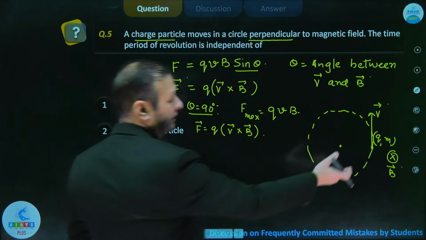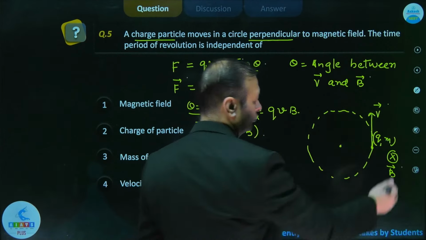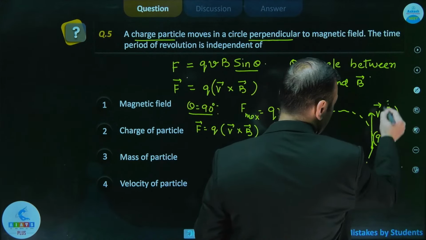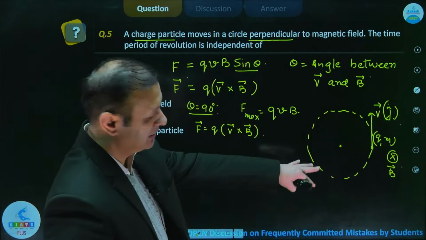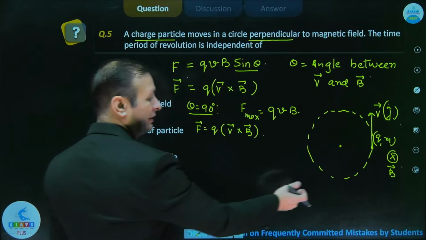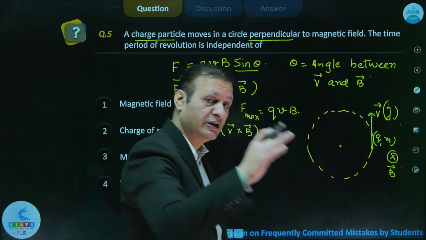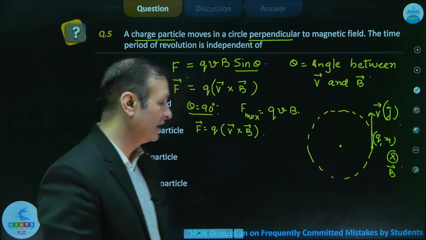Now let's give direction to your velocity vector. I'll take it as J vector, and this is inside the plane. So this is a normal one. We have already considered a perpendicular or normal magnetic field.